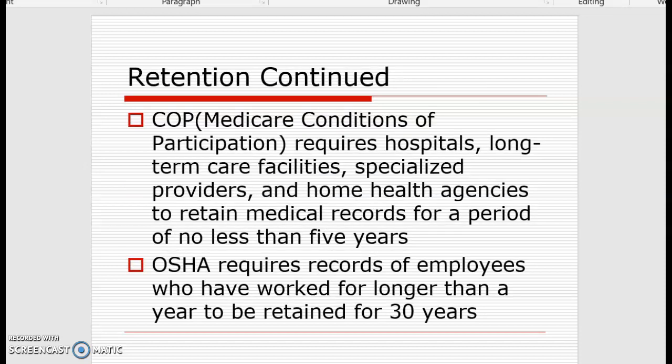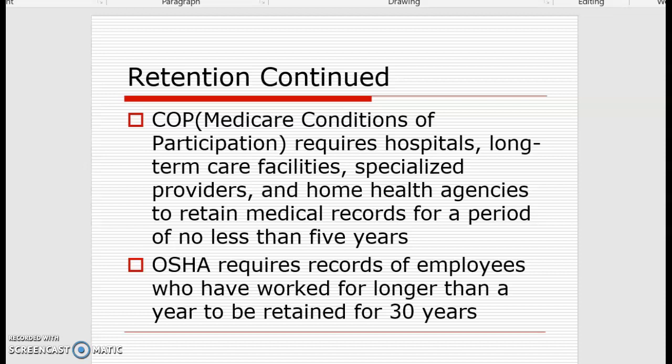COP. Okay, let's talk about COP. It is the Medicare Conditions of Participation. This will be brought up throughout the semester. What Medicare Conditions of Participation is, if you want to get paid by Medicare, you have to follow their rules and regulations.